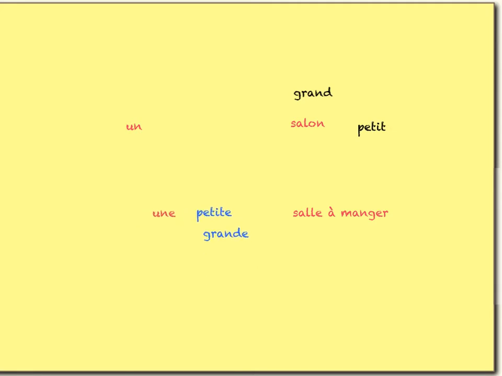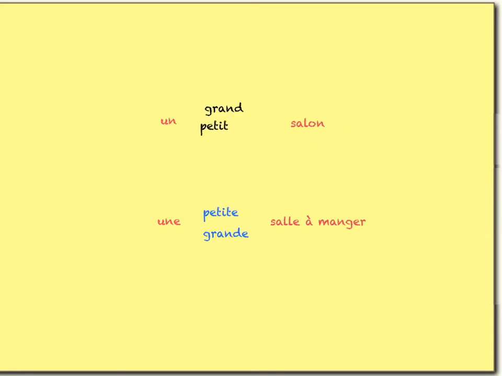So if you wanted to give a bit more description, you could say there is a small living room, or indeed a big living room. Il y a une petite salle à manger. Il y a une grande salle à manger. Equally, with a masculine noun, so a masculine room, so if it says un grand salon, un petit salon. Rewind and take some notes if you need to.